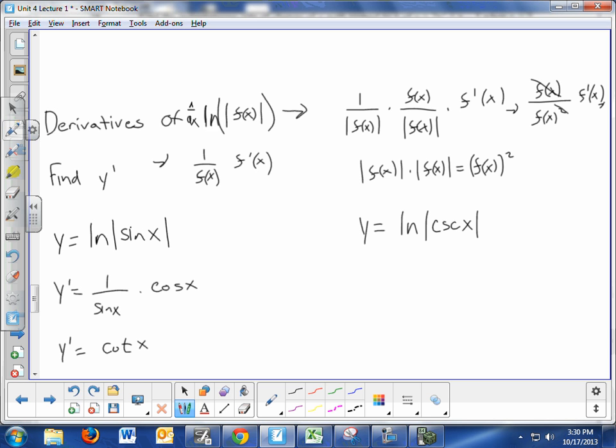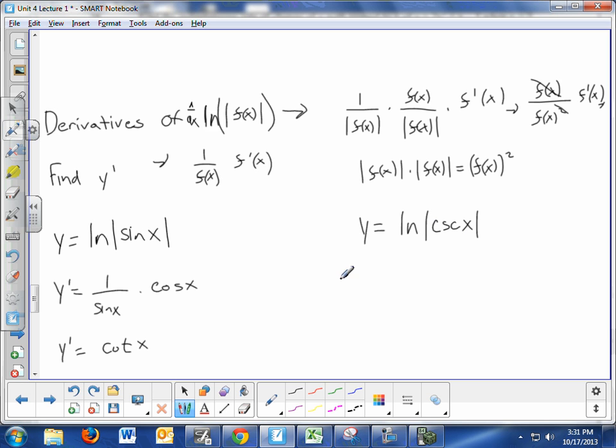When we go backwards with integration, we'll be asked to integrate cotangent of x, and we will have to figure out that the integral of cotangent x is the natural log of the absolute value of sine of x. We go backwards eventually. It's going to be fun.